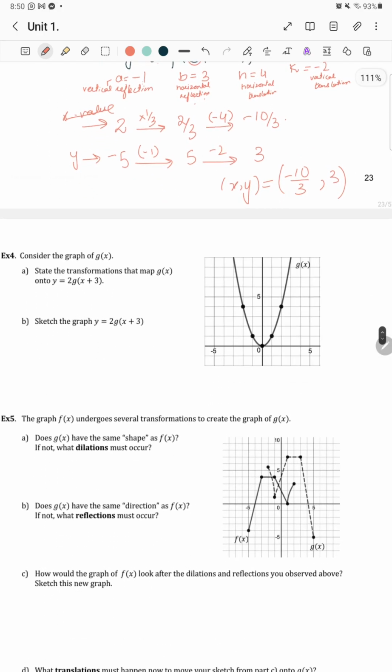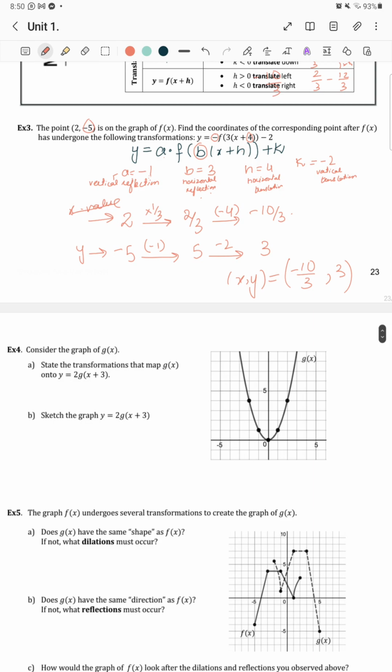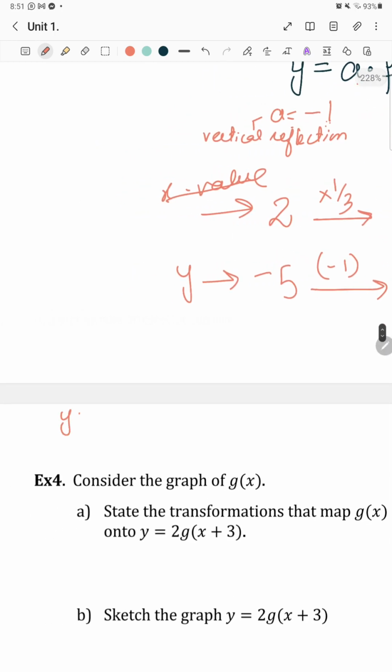State the transformation that maps g of x onto y is equal to 2g of x plus 3. So if we match with our current equation, that is y is equal to a times f of b x plus h plus k.